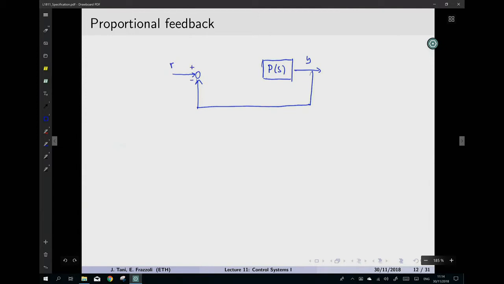We compute the difference between the reference signal and y, that is the difference between where we would like to be compared to where we actually are. And we call this difference the error, the tracking error.